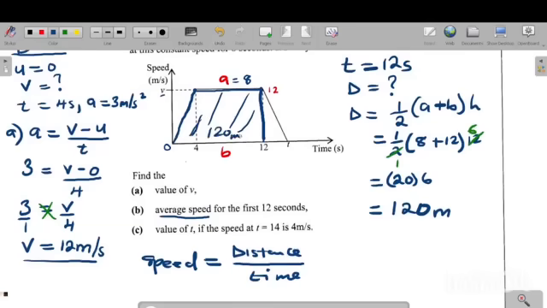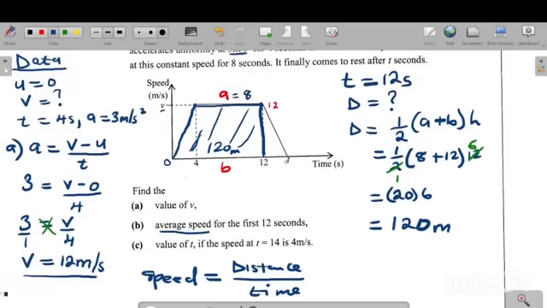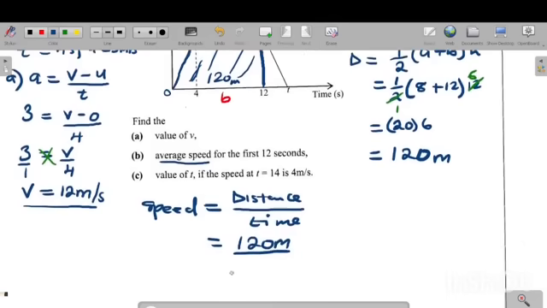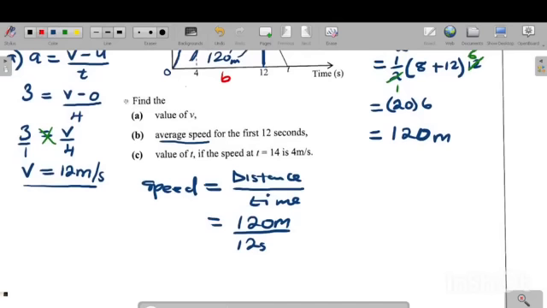Okay, 120 meters. Now we are going to use this distance here to find the speed. So we're going to have distance, 120 meters, divided by time. Time is 12 seconds. All right, so 12 into 12, 1. 12 into 120, 10.